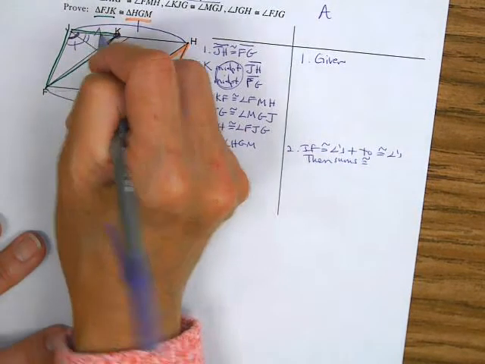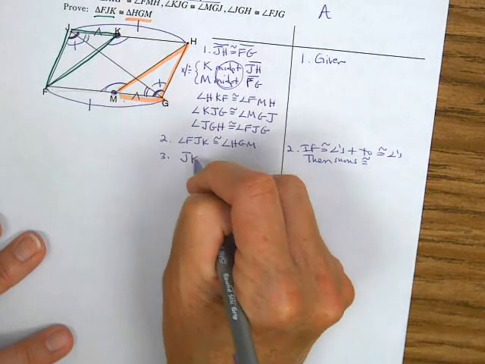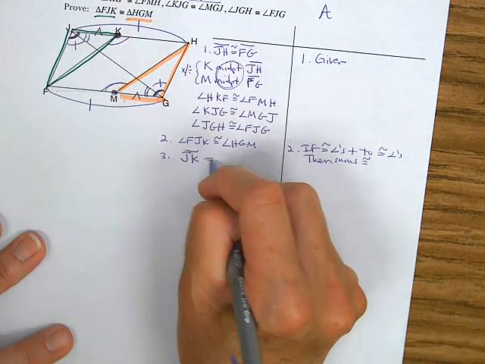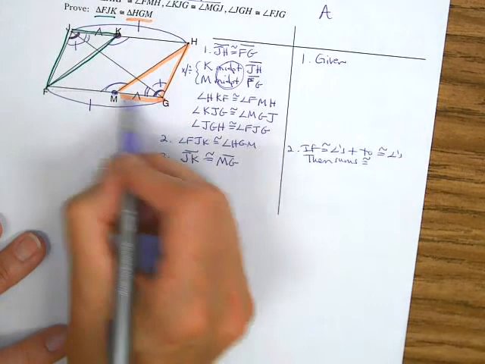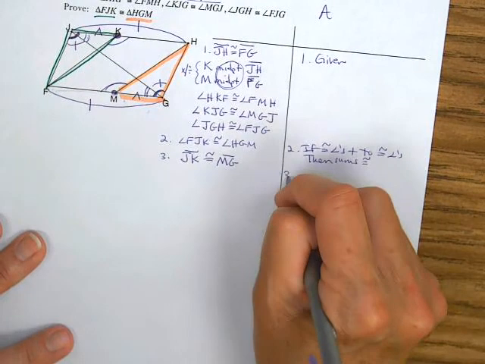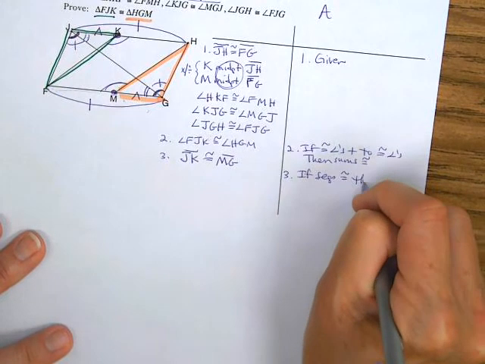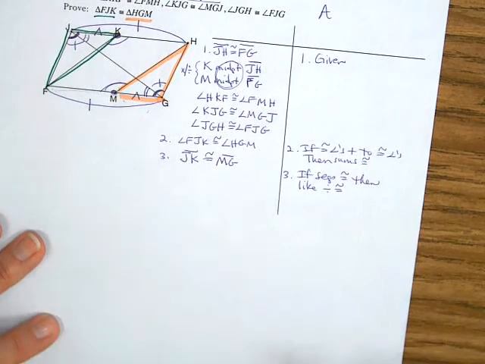So I can get those two pieces congruent using division. JK is half of this top segment, and it's got to be congruent to MG, which is half of this bottom segment. If segments are congruent, then like divisions are congruent.